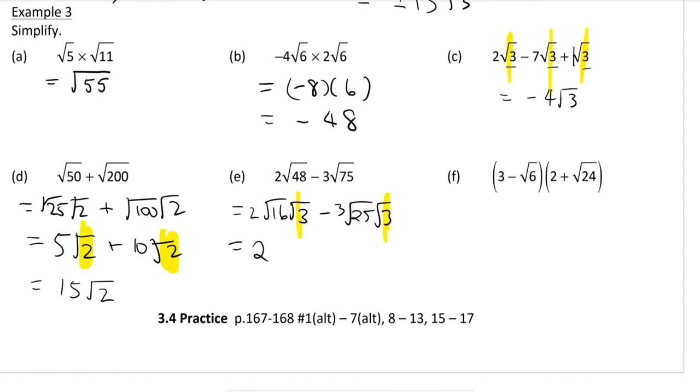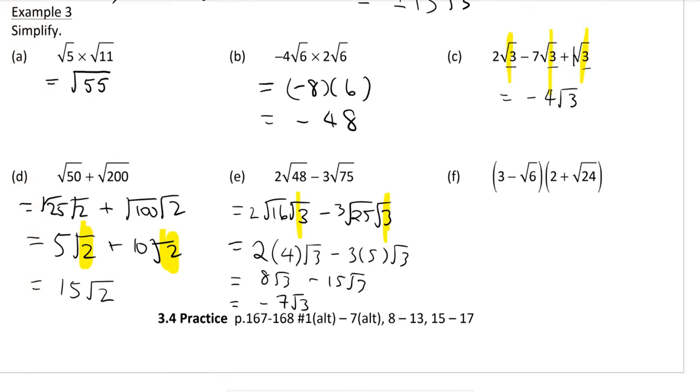So we take the square root of 16, which is 4, times root 3, minus 3 times 5 times root 3. So we're almost done. That's 8 times root 3 minus 15 times root 3. So that gives me negative 7 root 3.